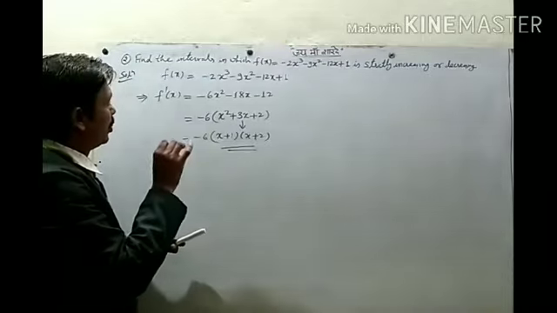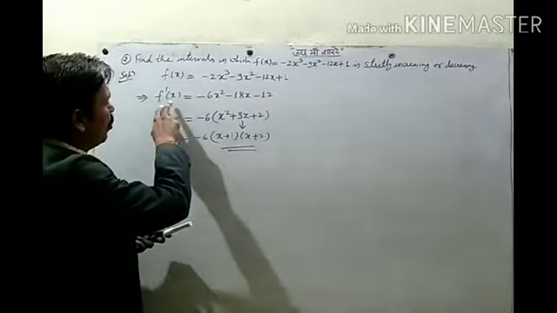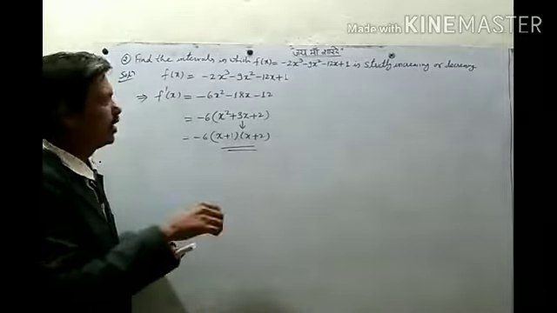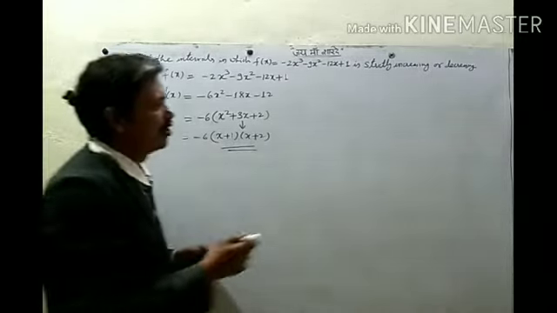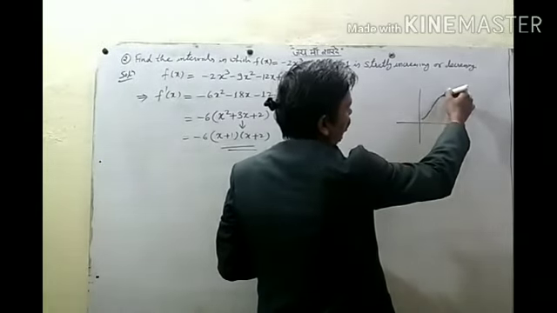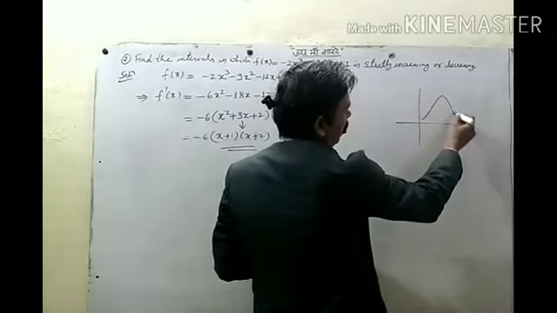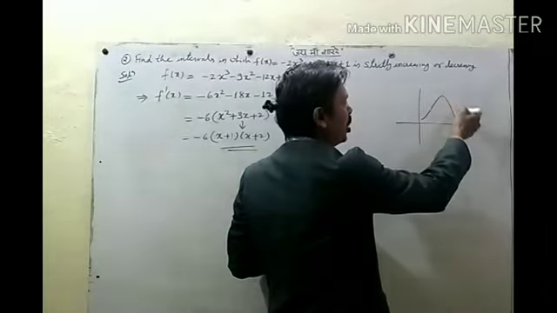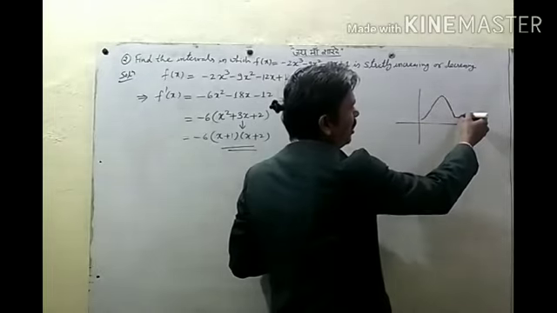Now the next step is to find when this f dash of x will be 0, at which point this derivative becomes 0. Actually, what we are finding: suppose the graph is going like this and at some point it goes down, or it is going down and again rises.